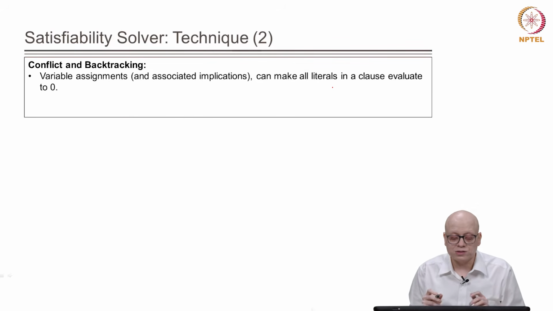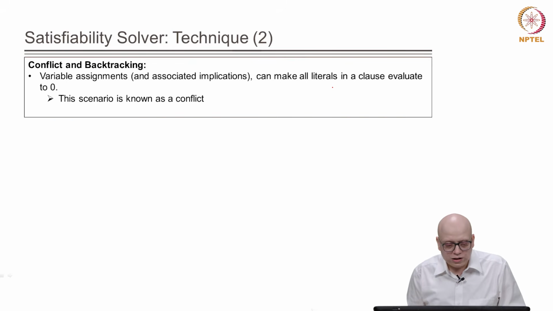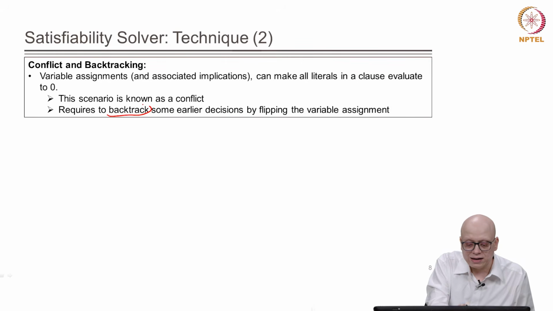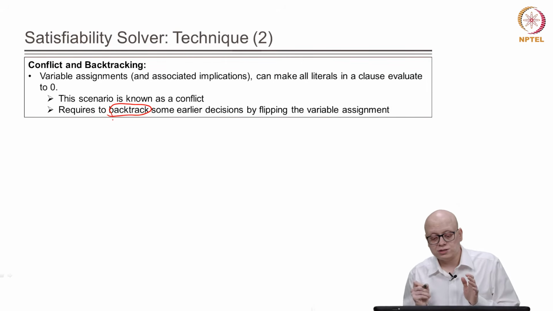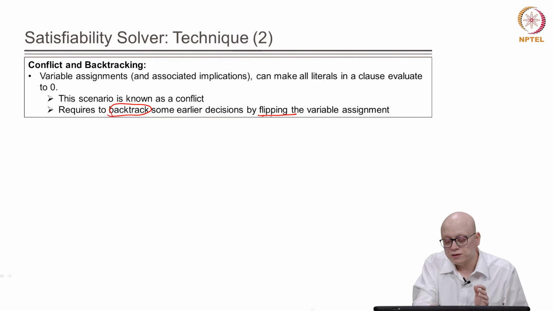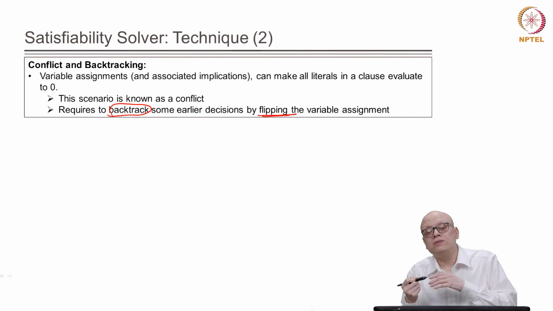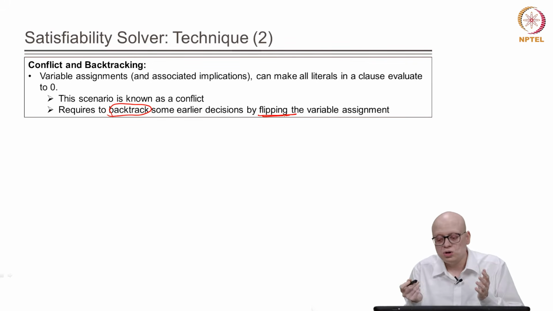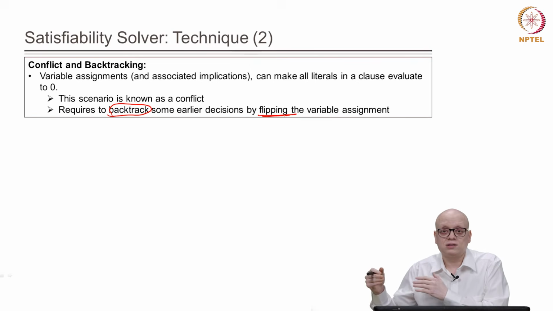We reached a situation which is known as conflict, and then we require a backtracking, meaning that some earlier decisions must be flipped. We need to toggle the earlier choice: if we had chosen x1 is equal to 1, now we have to flip it and choose x1 is equal to 0. Only then can we proceed further.